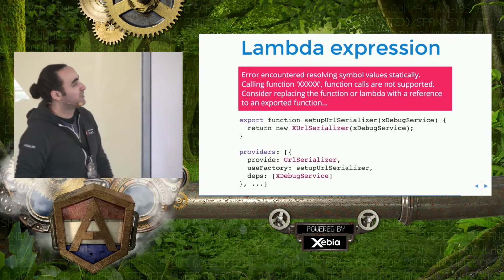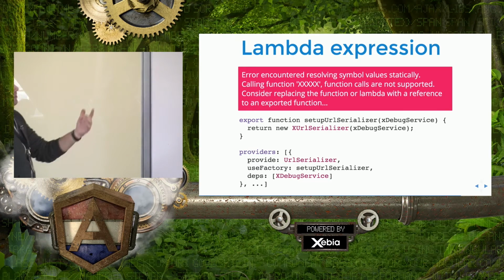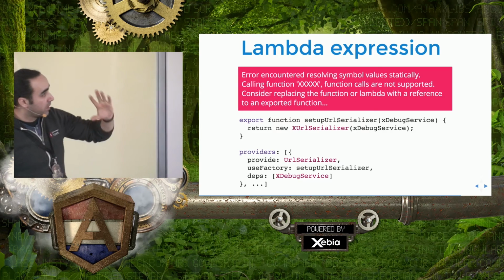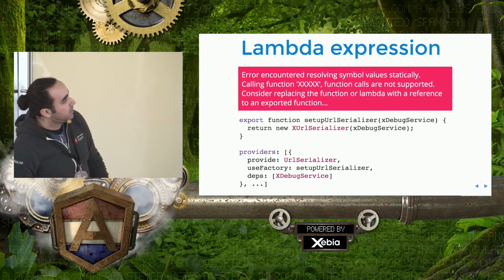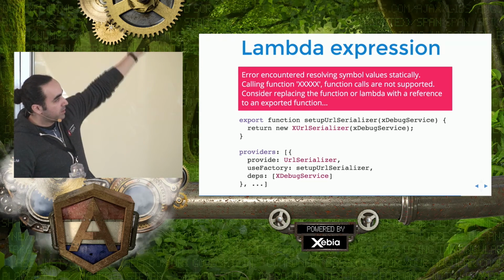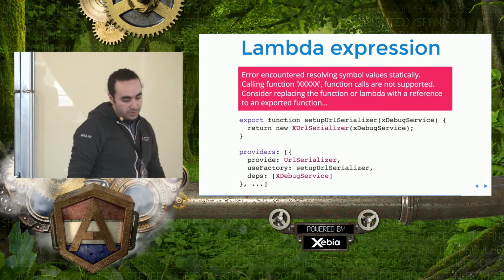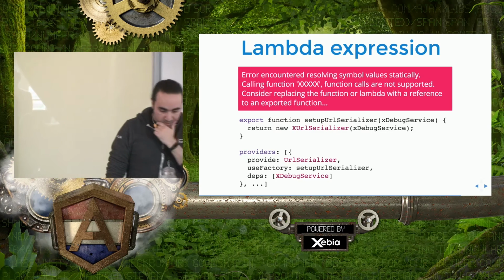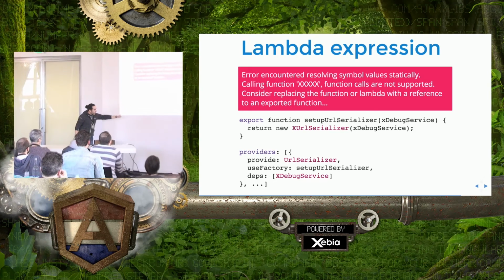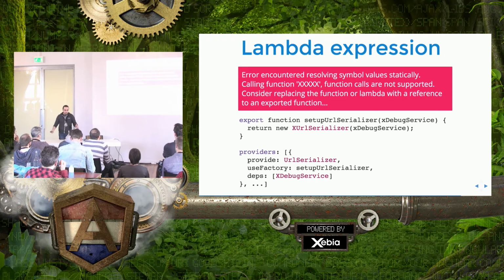I only have 3 errors. Don't freak out. For instance, if you see this error, the AOT compiler complaining that it couldn't resolve symbols statically, this is because, in a module, you are probably using a function.